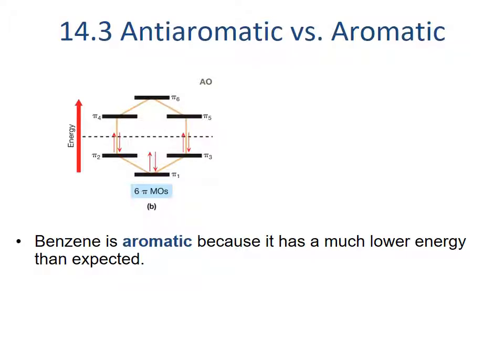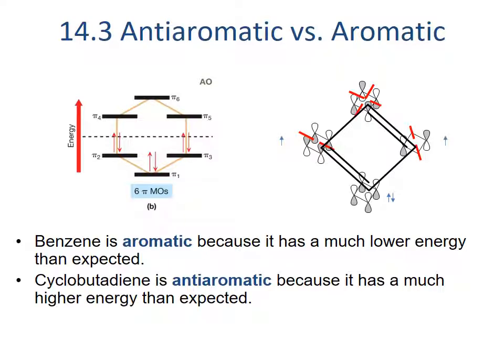Benzene and cyclobutadiene are entry points to talk about aromaticity and anti-aromaticity. Benzene has a much greater stabilization, or much lower energy, than expected because of the additional stabilization of its molecular orbitals. We call this aromatic. Cyclobutadiene is actually higher energy than we'd expect from a molecule with two double bonds because two of its electrons are not at all stabilized.